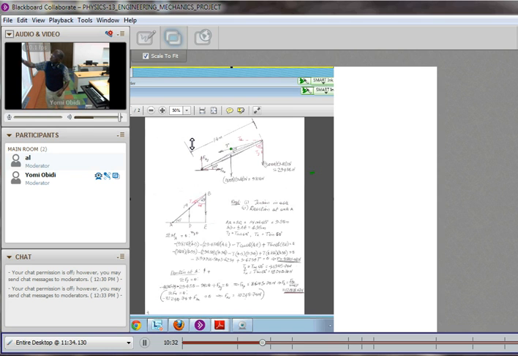Now, when we add that 15 degrees to this 45 degrees, we'll have a total of 60 degrees. So we know that the cable is acting at 60 degrees to the vertical. We have that information.